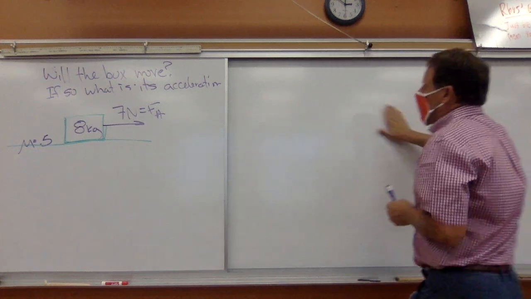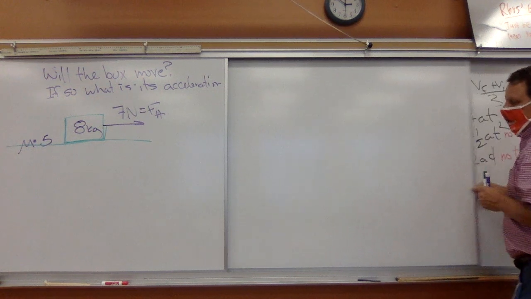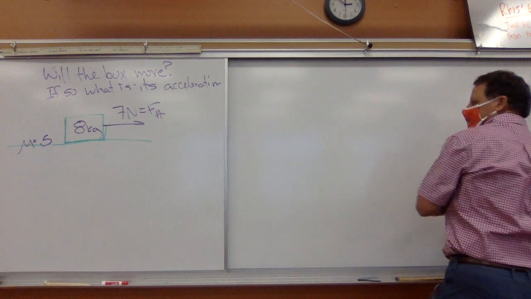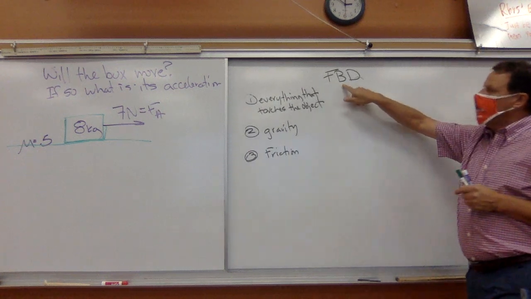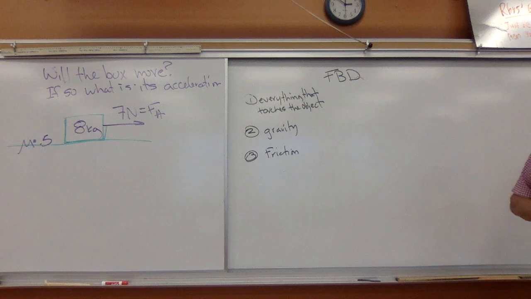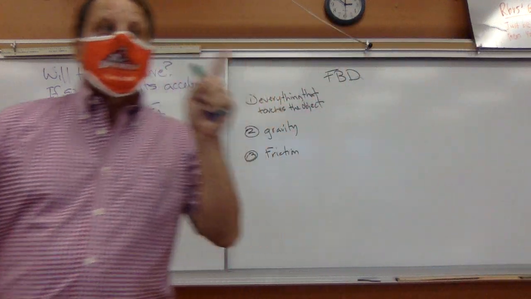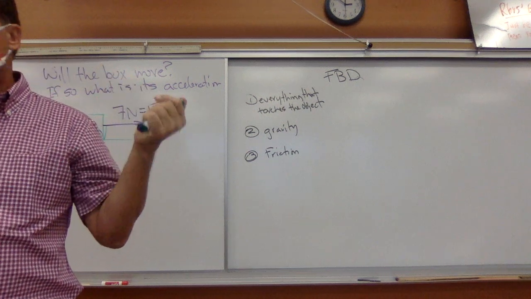Now, the first thing we want to do is to draw a free body diagram. Okay? Now, free body diagram, FBD, is we want to draw an arrow in the direction of all of the forces that are acting on our box.